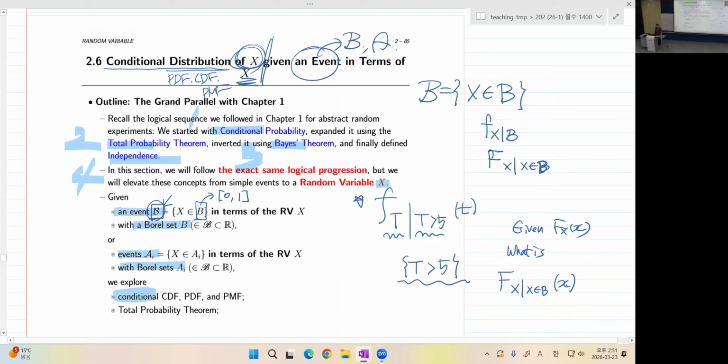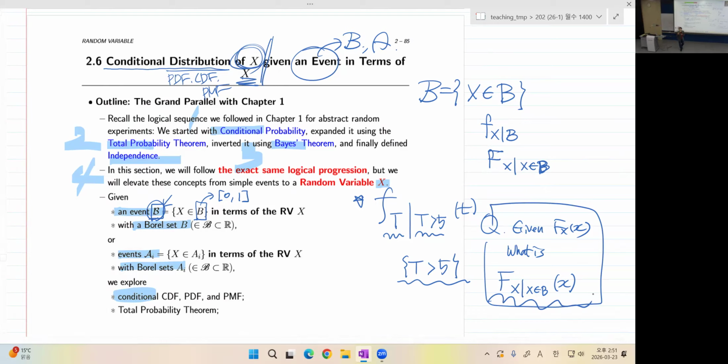And interestingly, many undergraduate textbooks define this one. But as I told you in the beginning of this course, every result stems from the axioms of probability measure. So actually, what we are going to do is not define this one. We are going to derive this result. Got it? So let's do that.